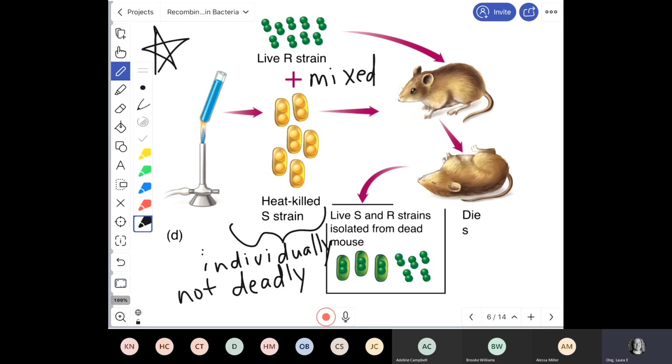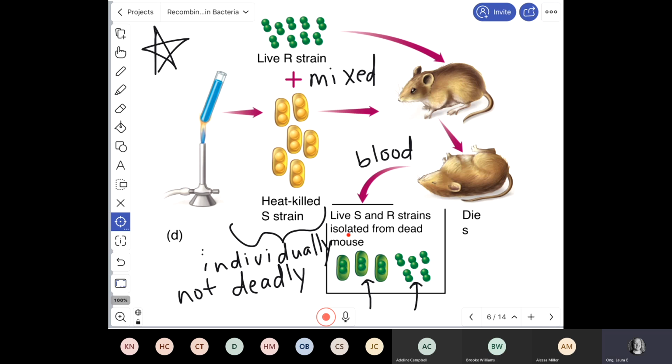When he checked the blood of these mice afterward, he was able to isolate living rough and living smooth, which was still a mystery, but it was some knowledge that he had. So he got living rough and living smooth back out of the mice.